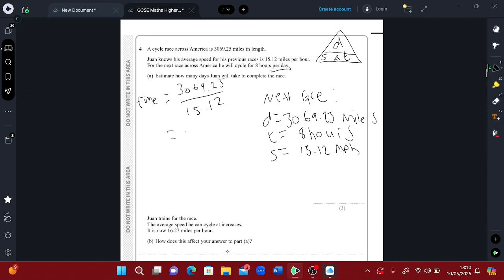To make the calculation nice for us, I think it makes sense to round this to 3000 and this to 15, although you could perhaps argue you could round up to 20. Maybe you could. But the idea of estimating when you round your numbers is that it should be fairly simple to work out.